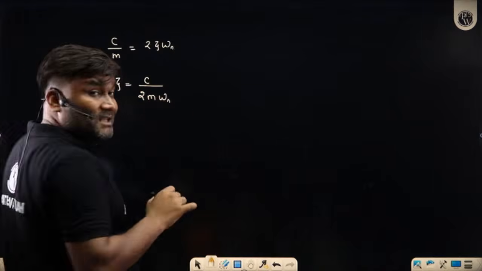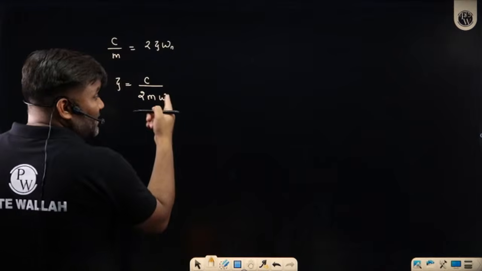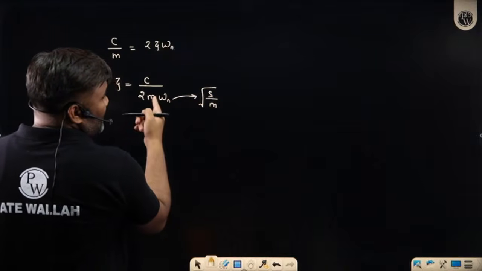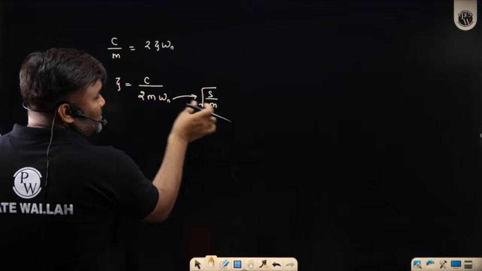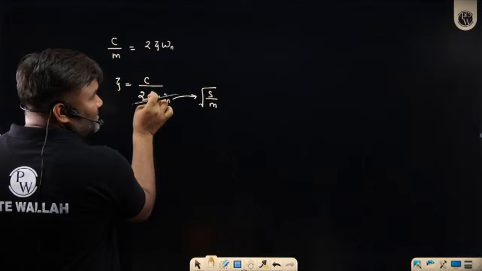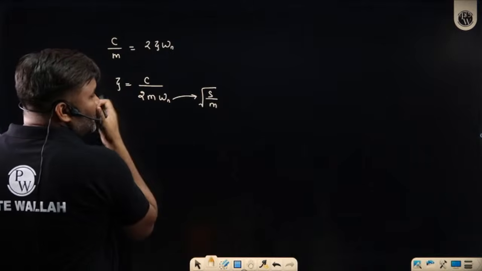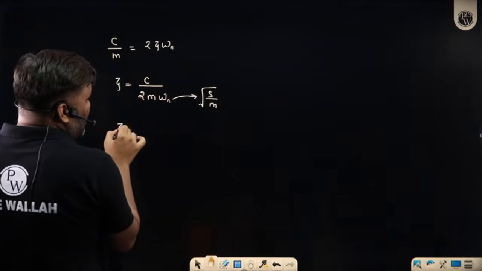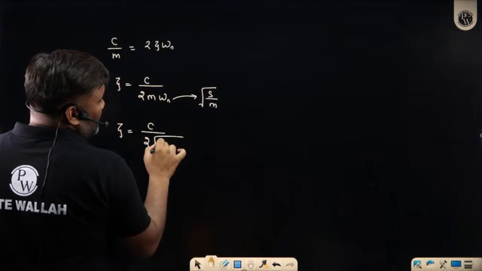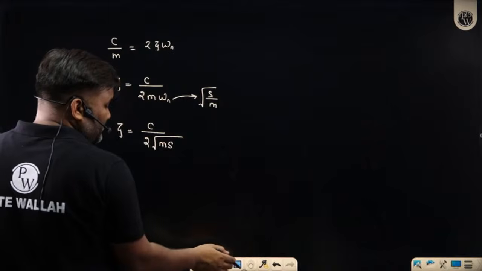Omega n is how much? Omega n is under root s by m. So under root s by m, this m gets cancelled. Root m, this is m, so I will have root m at the numerator. So what will be left? Zeta is equal to c divided by 2 under root m into s. Something like this can I write?